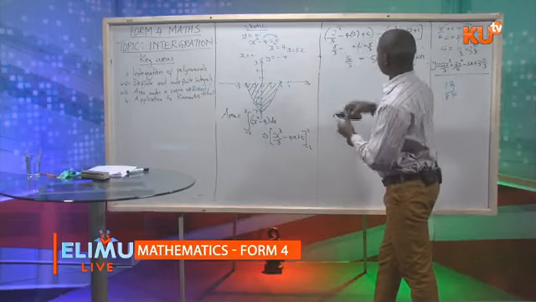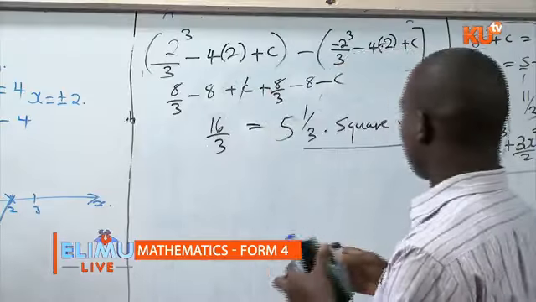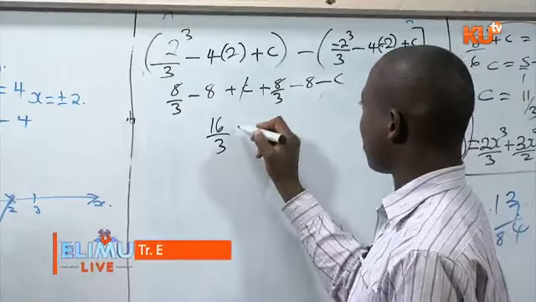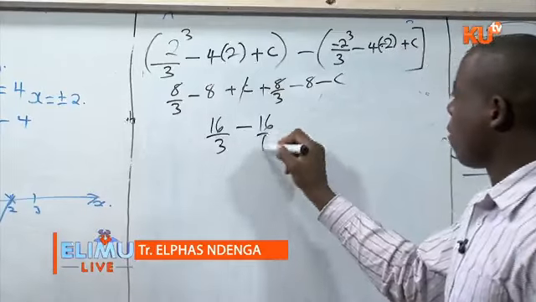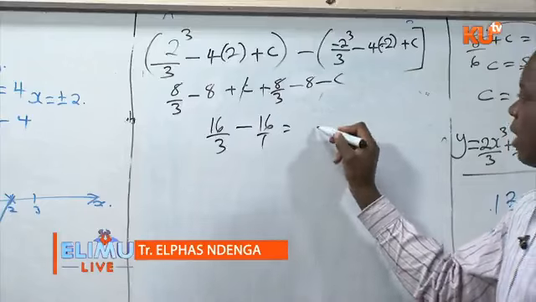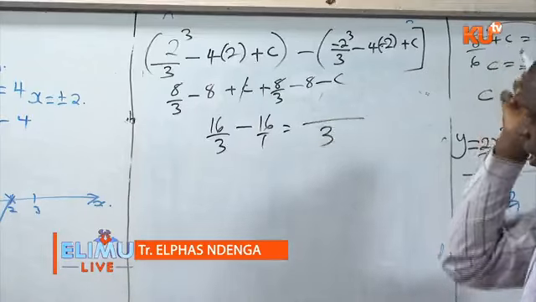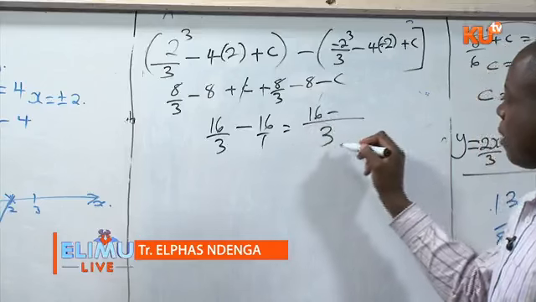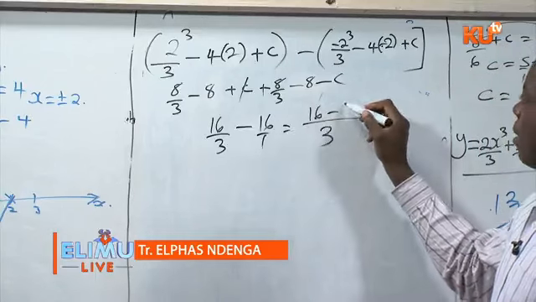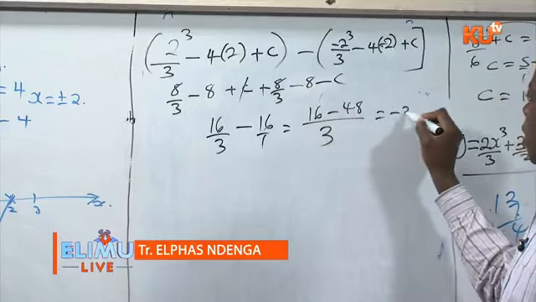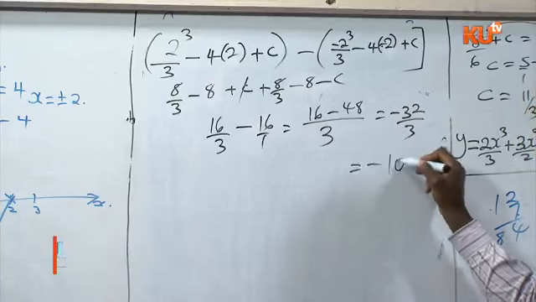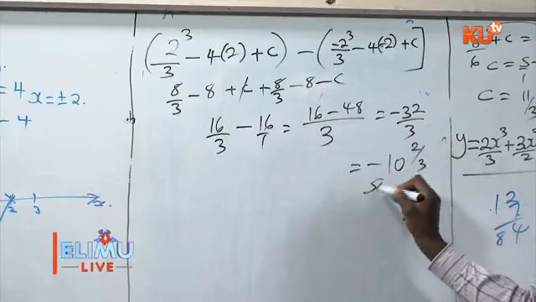So again, this is negative 8. So use your calculator as well. You'll have this is negative 16 over 1. And so the LCM is 3. Then we have 16 minus 48 over 3. So the answer is negative 32 over 3, which is negative 10 and 2 over 3 square units.